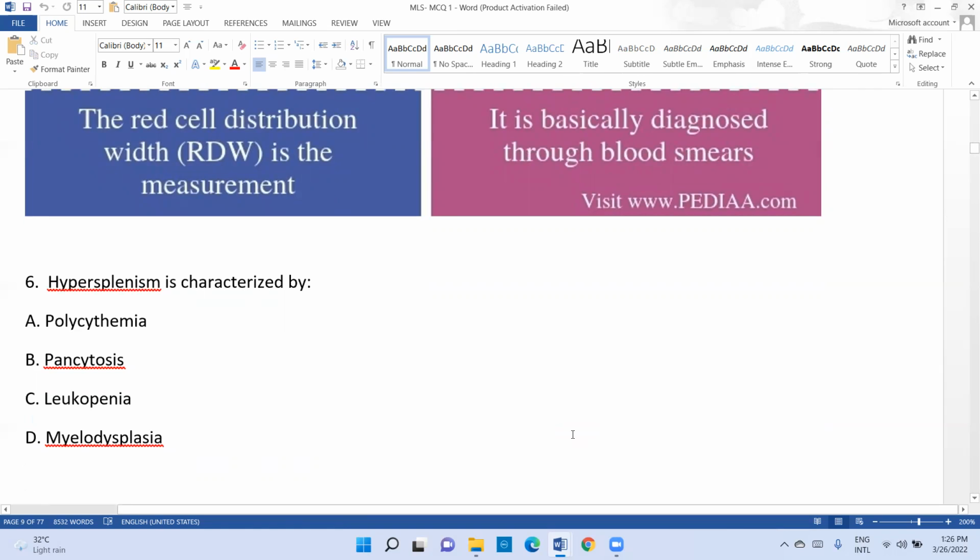Hypersplenism means that now the spleen is the organ which removes the abnormal red cells. So abnormal red cells are removed by the spleen when the cells go through the spleen.